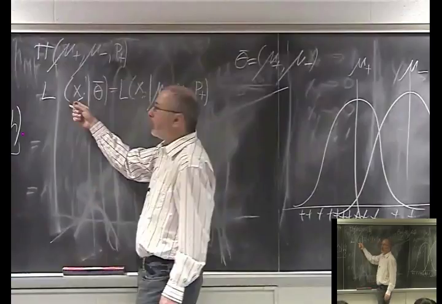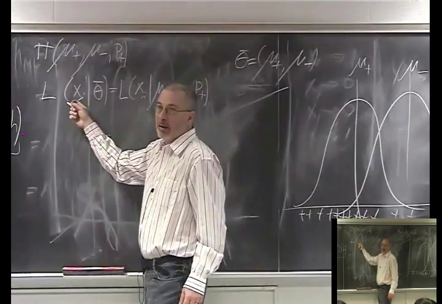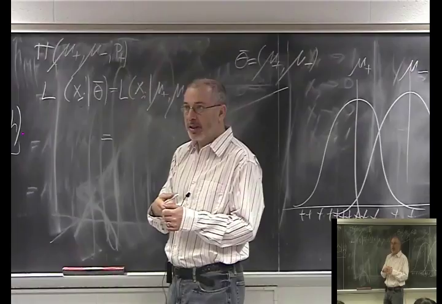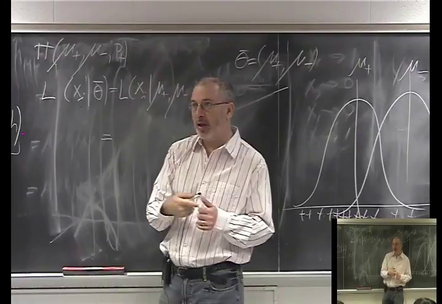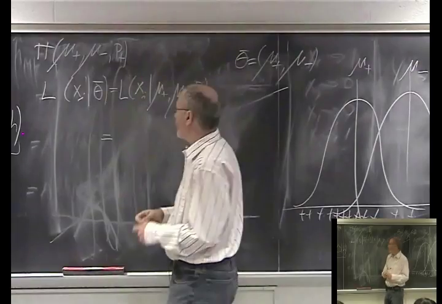How likely am I to generate this xi? Well, I could have generated it as a positive point, or I could have generated it as a negative point. Right?